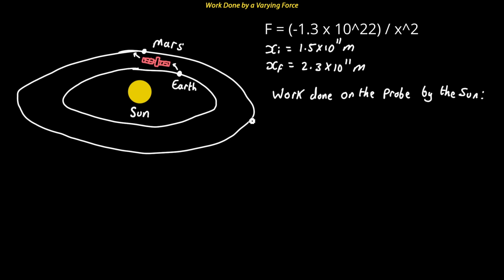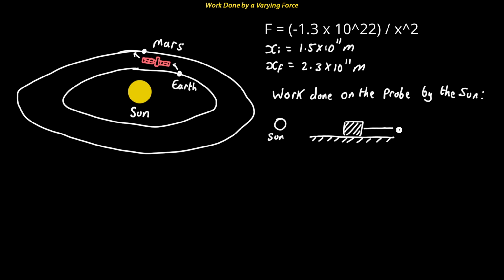So if you think our probe, when it's close to the Earth, is moving relatively fast, orbiting the Sun along with the Earth. But as it moves out towards Mars's orbit, it's going to slow down because the Sun is doing work on the probe. It's taking away kinetic energy from the probe and slowing it down.